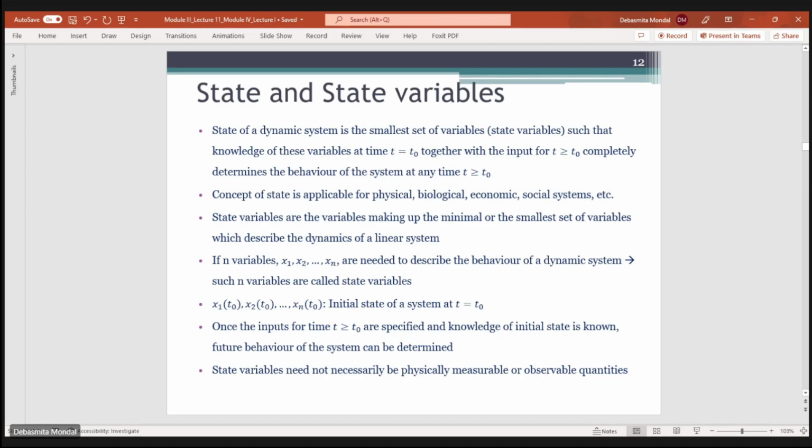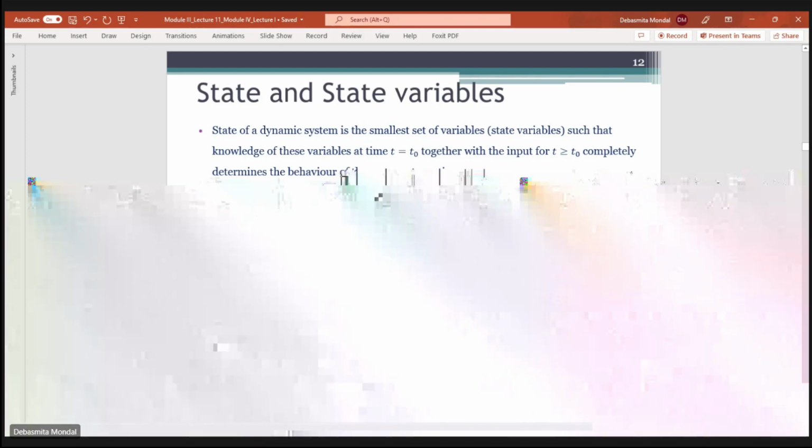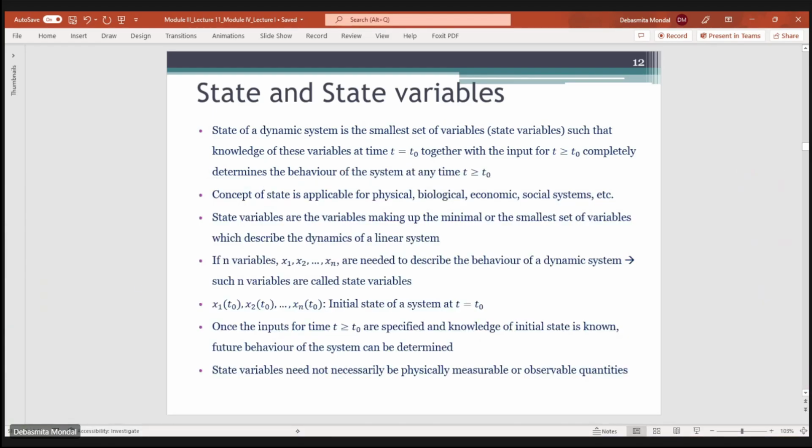The state variables are defined as the variables making up the minimal, or smallest, set of variables which can describe the dynamics of a system. All these definitions will be clear once I give you an example, but just before going into the example, I want to give you the definitions.